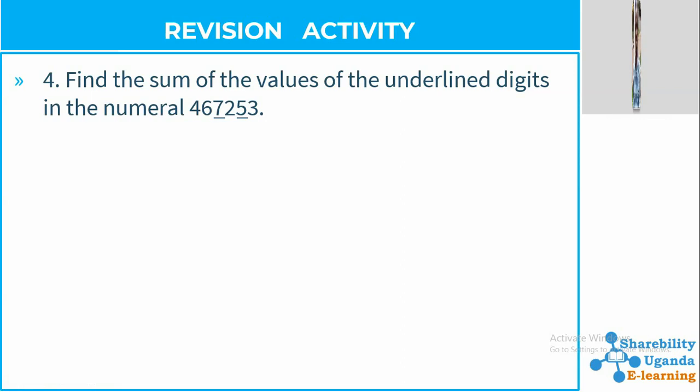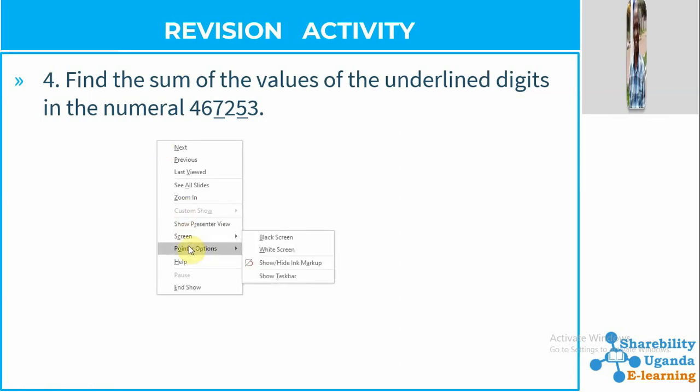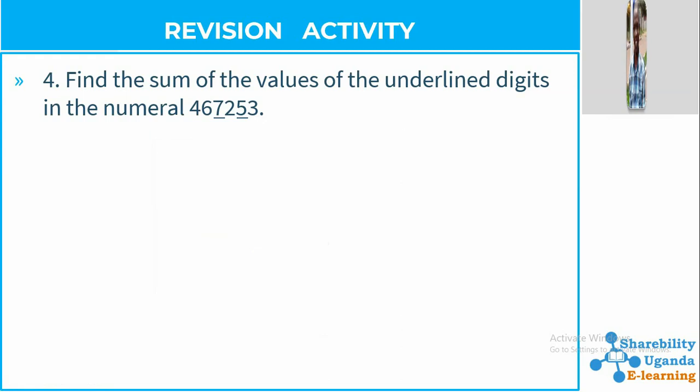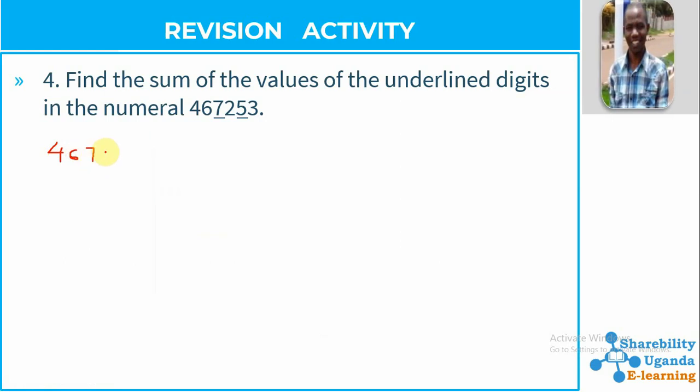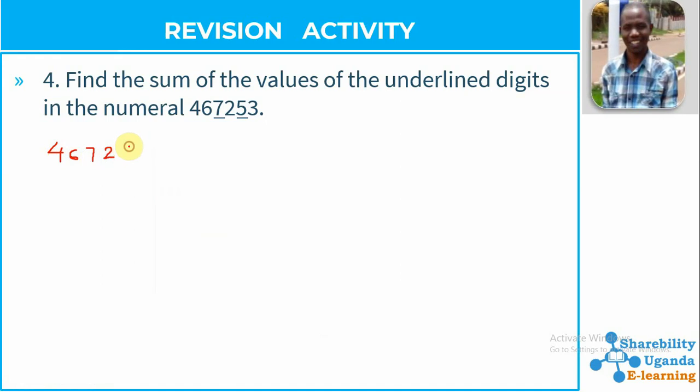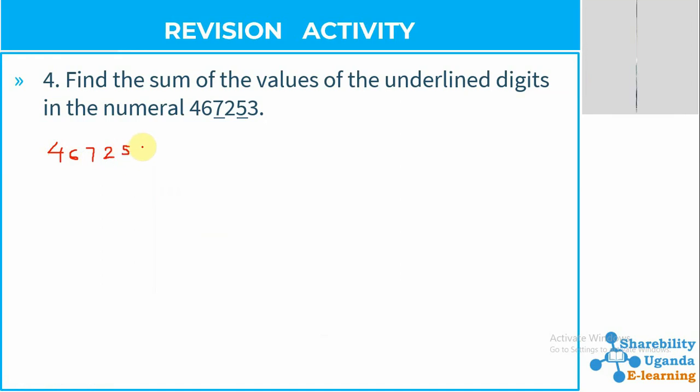Our best way to answer this question is to first understand the place values of these numbers. For example, we have our 4, our 6, our 7, our 2, our 5, and our 3.